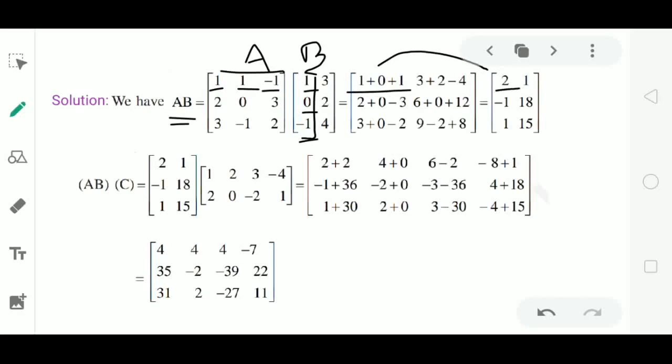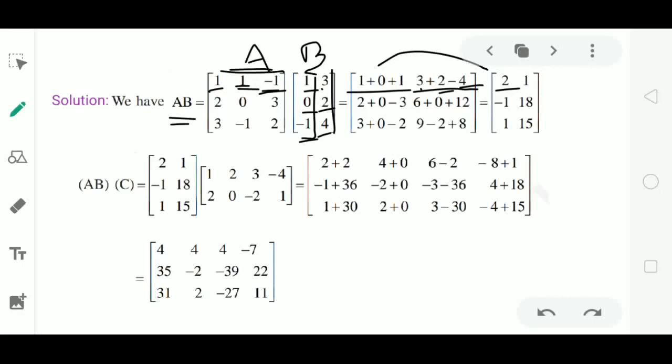Next, first row, second column of B. 1 into 3 is 3. 1 into 2 is 2. Minus 1 into 4 is minus 4. 3 plus 2 minus 4 is 1. We have multiplied the first row with both of the columns of matrix B.